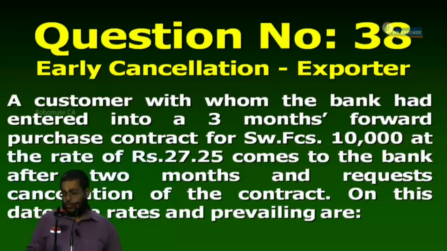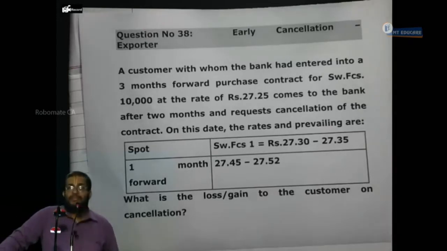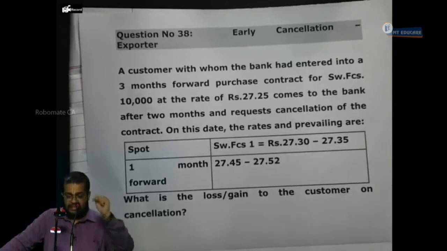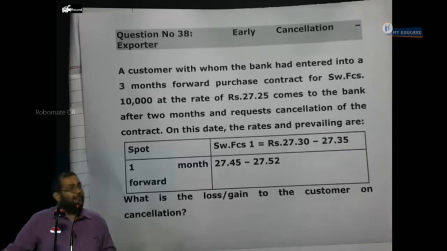A customer with whom the bank had entered into a 3 months forward purchase. Is it a forward buy or forward sell? For the banker, it is a forward buy, but for the customer, it is a forward sell. It is an indirect sentence given.